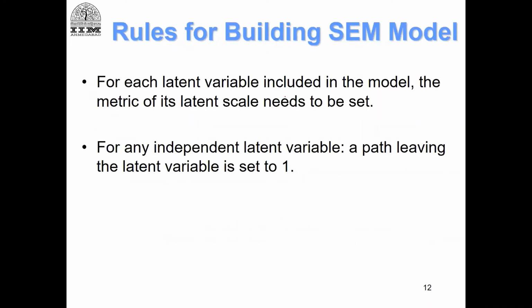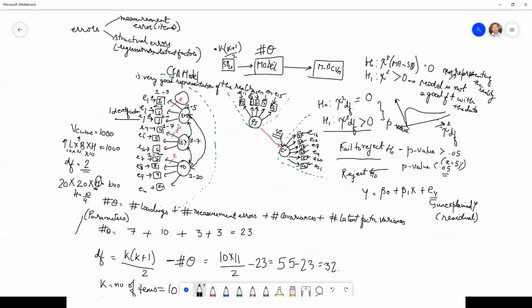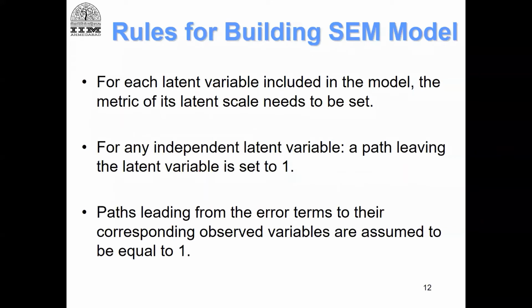For each latent variable, the metric of its latent scale needs to be set, and any one of the paths leaving the latent variable is to be set to 1. This is what I have told you. When you are specifying your model, you have to set any one of the paths to 1, right? So that is a rule in specifying measurement models.